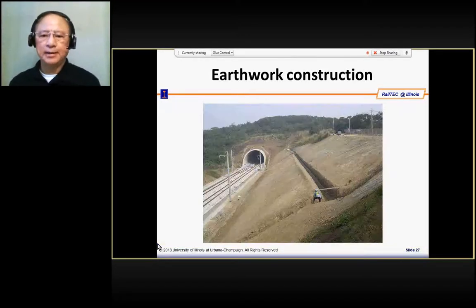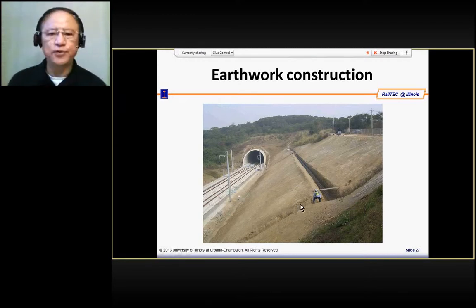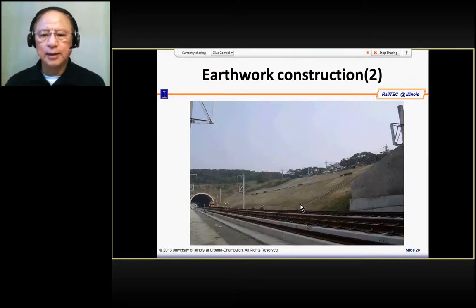Okay. Again, I show you some of the construction of this earth structure in Taiwan, and a bench has to be made at some height. At each certain height, you have to have a bench, and you have to have a drainage cut-off in order to collect the water. And all these construction details have to be carefully carried out.